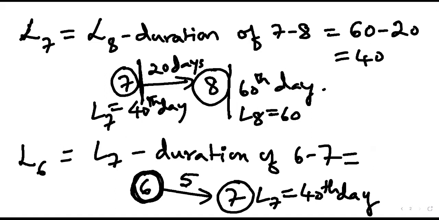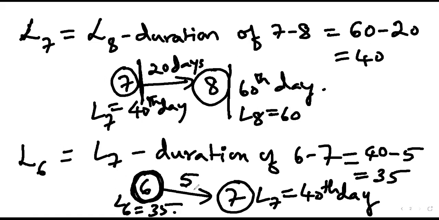The answer should be 40 minus 5, which is equal to 35. Correct? 35 plus 5 is 40, or 40 minus 5 is 35.